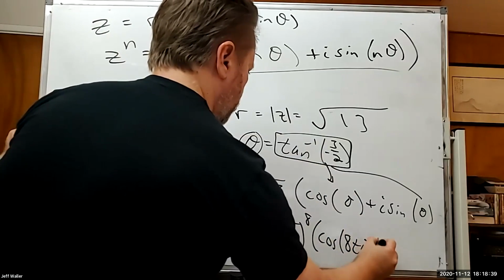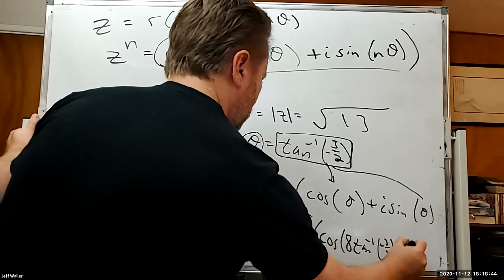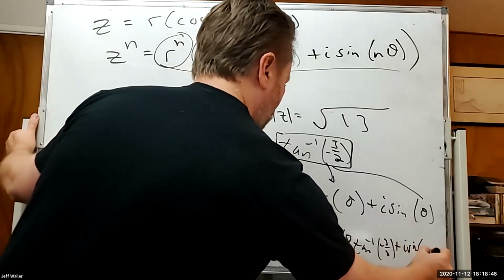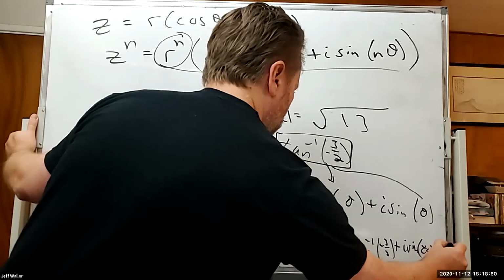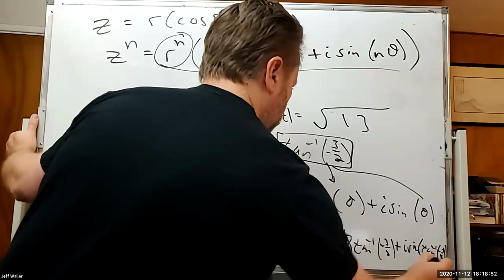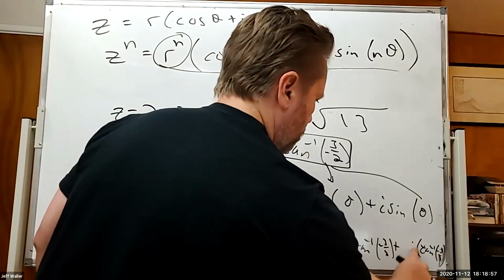I'm just going to go ahead and write it in there right now. Plus I sine of this inverse tangent guy. I should have just kept theta. I forgot the 8, didn't I? There's no room.